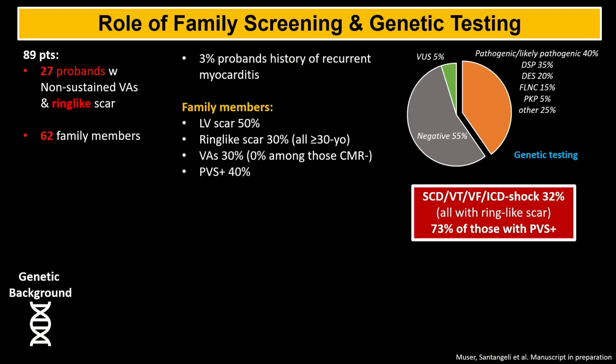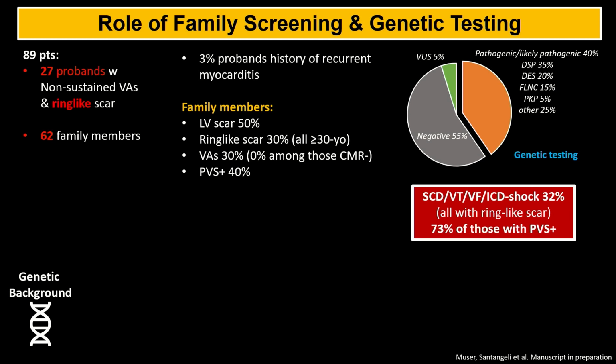We have investigated the role of extensive family screening with genetic testing and the CMR in patients presenting with this scar pattern. And we have confirmed that in about half of the cases we can find pathogenic mutations. But what is interesting is that in about 50% of the family members, we can find the presence of LV scar.